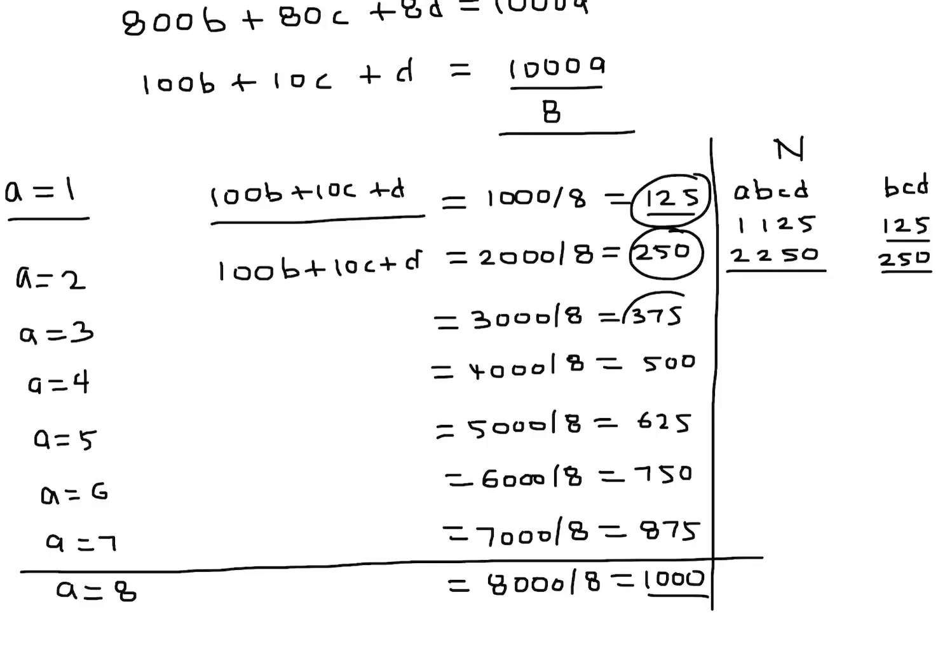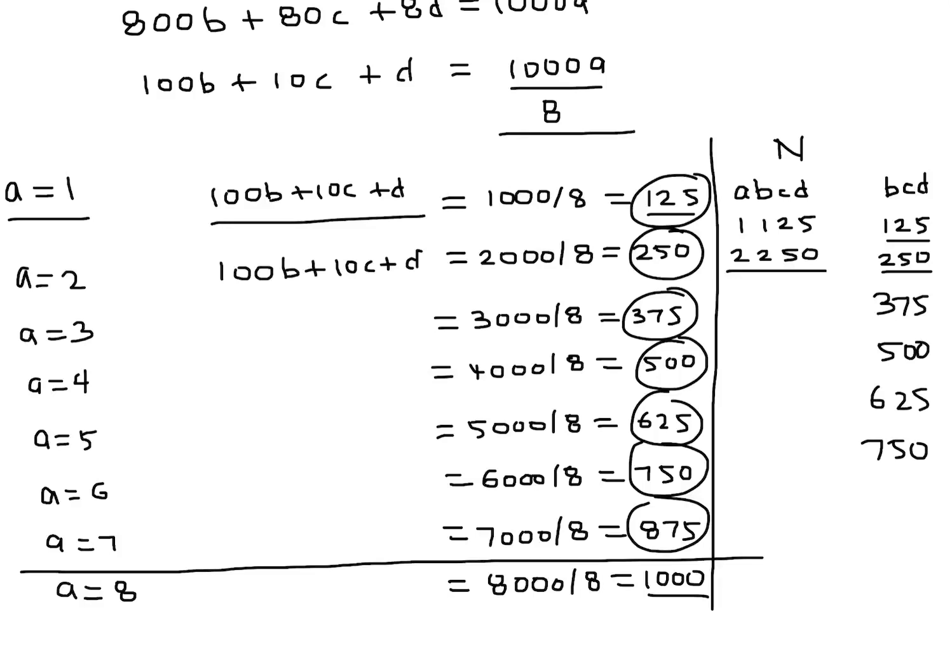1, 2, 3, 4, 5, 6, 7. Sorry, we got 7 of them. 7 n's. So let's figure out what the n's are for each of these. That should be pretty straightforward to do. First, let me list those numbers, the BCD numbers. And then the n's, you're just adding the A's. So let's see, this one was 3375.